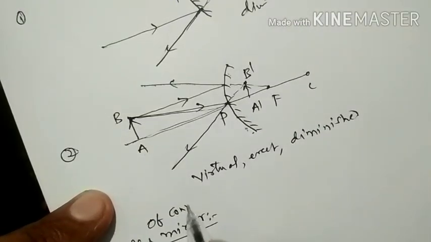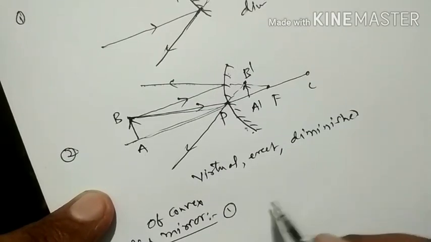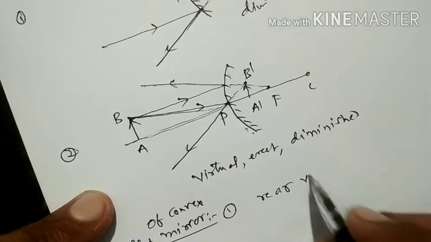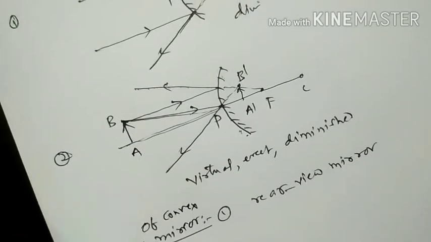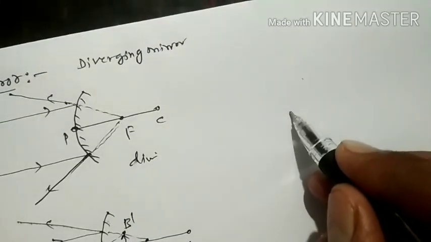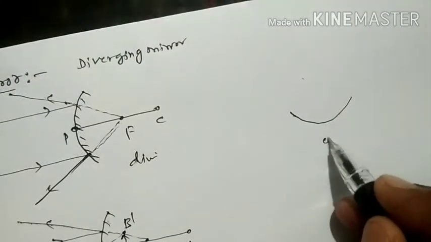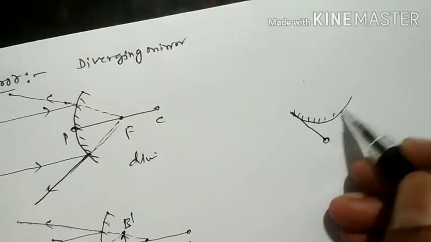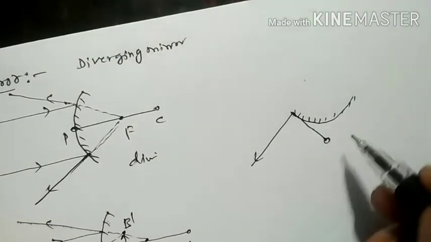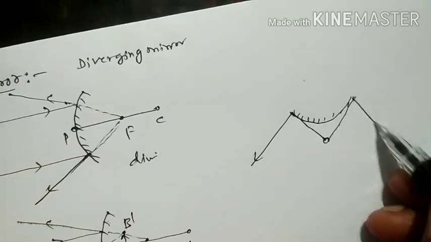Uses of convex mirror. It is used as a rear view mirror. Rear means backside. Without turning our head we are able to see what is in the backside. Rear view mirror in automobiles. And next, for example, in a street light, you place a bulb here, light rays are incident and they are diverged like this.